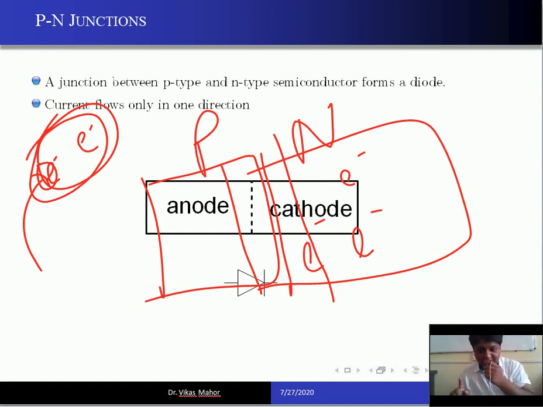There are only depleted ions, ions which have contributed to completing this covalent bond, which was incomplete. This layer will consist of immovable ions. You call it a depletion layer. What is depletion? Depletion means there are no charge carriers. Fine. So this is how this p-n junction is made.